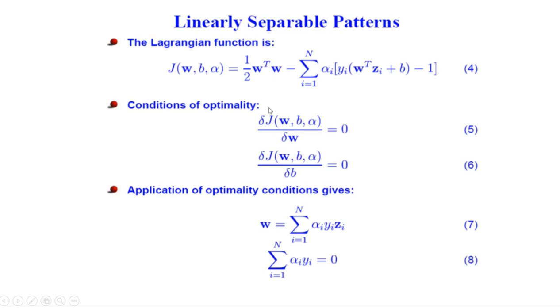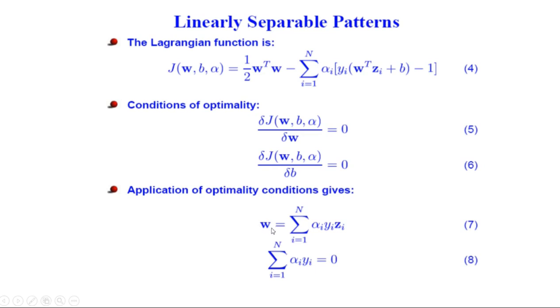So you perform the partial differentiation of J with respect to W. Similarly, there is another parameter b, so dou J by dou b is equal to 0. Then you will get two answers. One is W is equal to, this is the formula for calculating the optimal weights of the decision surface.